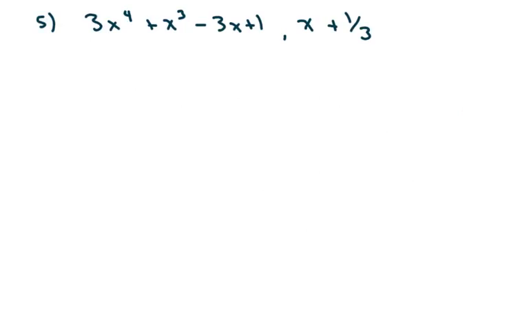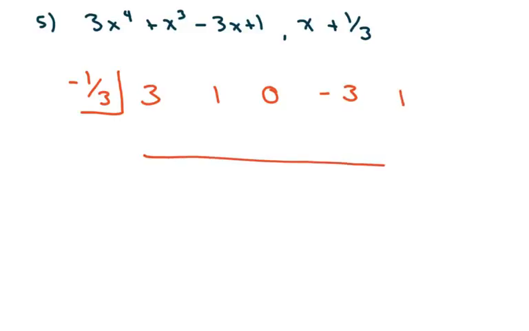Next is the last one, and so it's going to be negative 1/3 here. It's a fraction, whoop-de-doo. So we have 3, 1, 0. We don't have an x squared. Negative 3 and 1. And don't be scared of the fractions. They usually come out pretty nice. Negative 1/3 of 3 is just going to be negative 1.